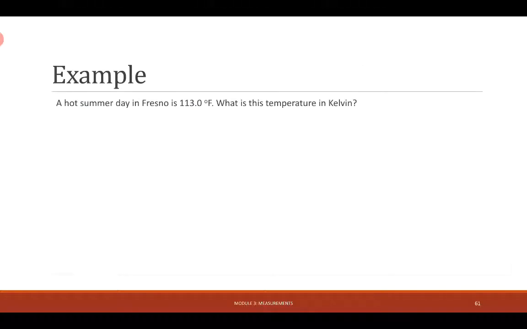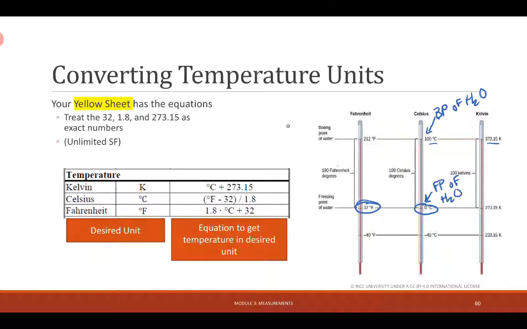All right. So here's an example. It says a hot summer day in Fresno is 113.0 degrees Fahrenheit. What is the temperature in Kelvin? Now, if we go back to this slide, we can see that in these equations that are provided on your yellow sheet, there isn't a direct path from Fahrenheit into Kelvin. So we're going to have to go into Celsius first.